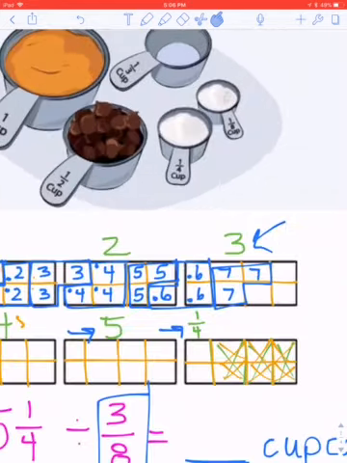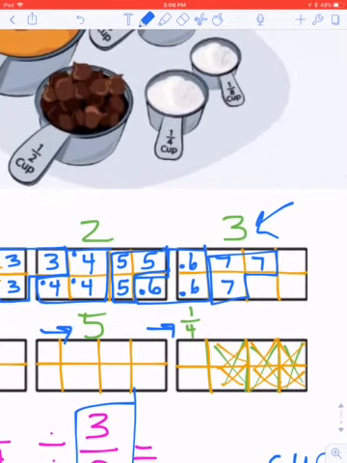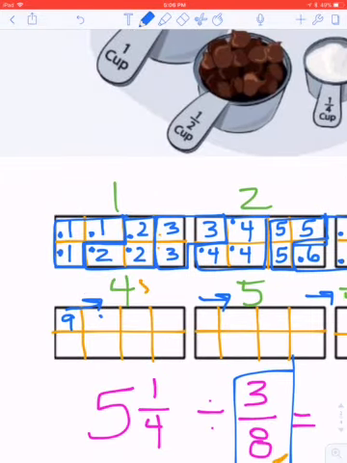So where we left off here was at cupcake number 7. So these 3 would be cupcake number 8. The next 3/8 would be cupcake 9.